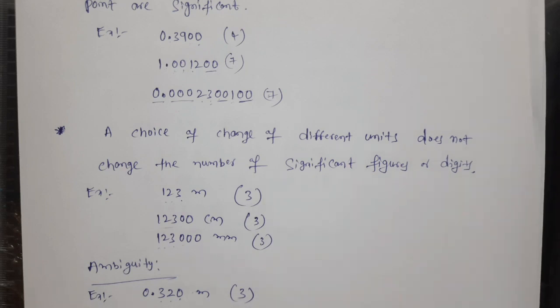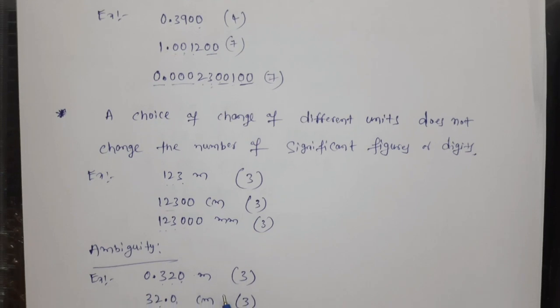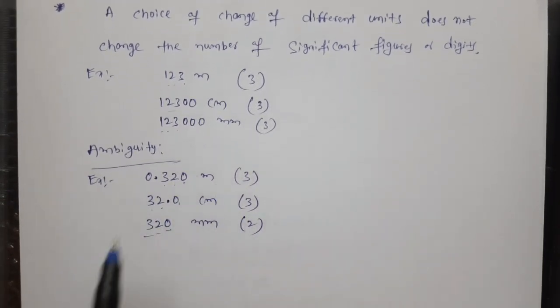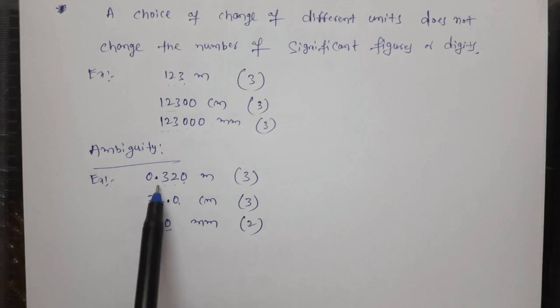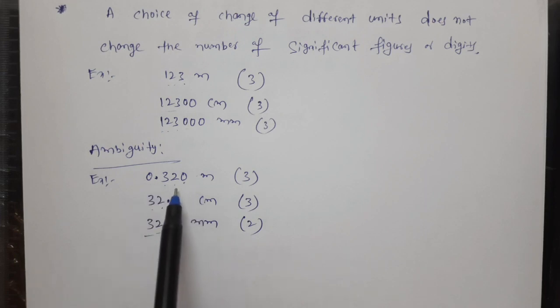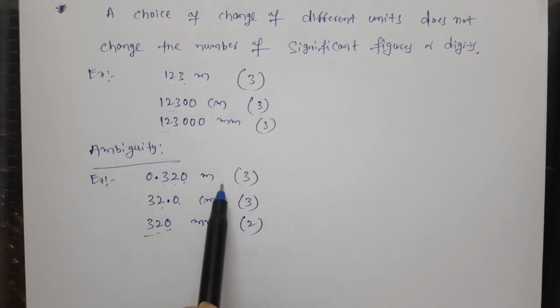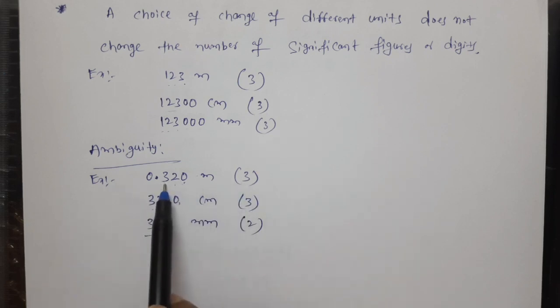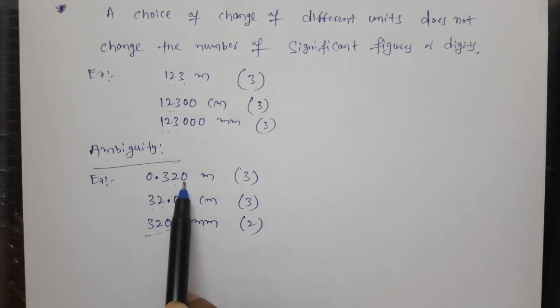But in this case, when we change the unit, here comes ambiguity. I'll tell you again. The first reading which we are taking is 0.320 meters. So how many significant figures are there? 3. These two are significant and this zero is also a significant figure because it is a trailing zero but after the decimal point.